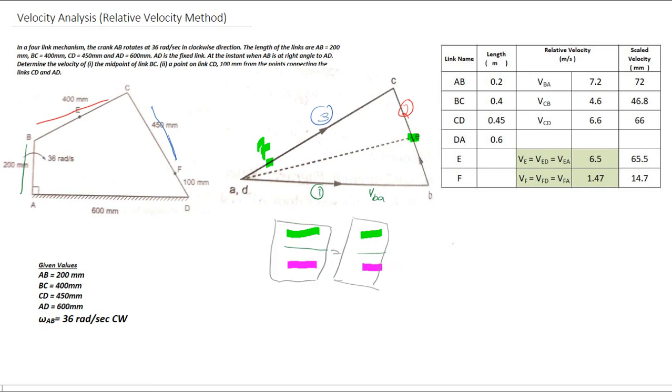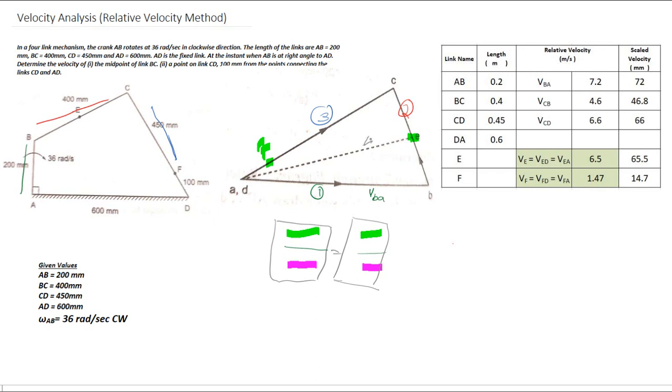After locating the points F and E, you have to join the points F and E to the zero velocity point, in order to find the absolute velocity. So next you have to join the point E to the zero velocity point.